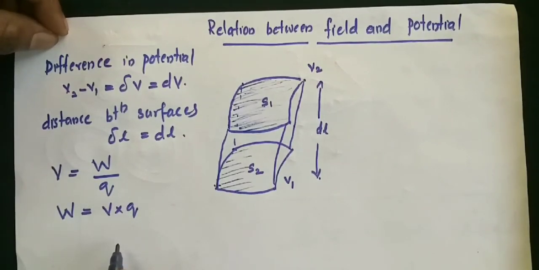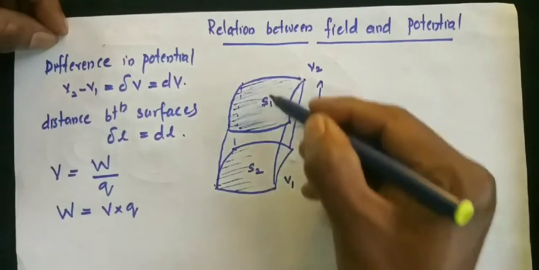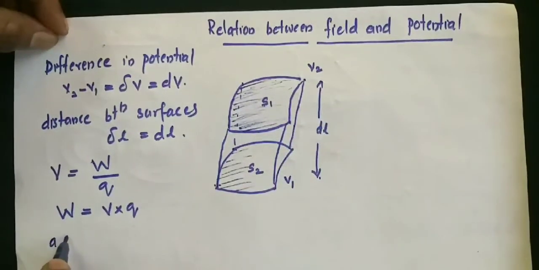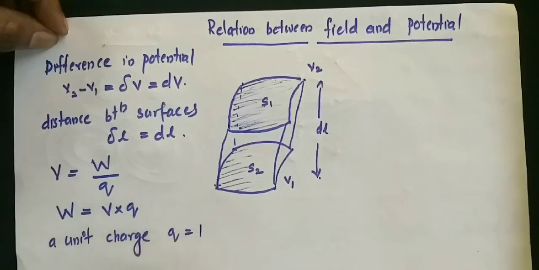Now, if I consider a unit charge which is moving from one surface to another surface, that is a unit charge, it can be 1 coulomb or 1 microcoulomb. The above equation I can write as W is equal to V, that is the potential.